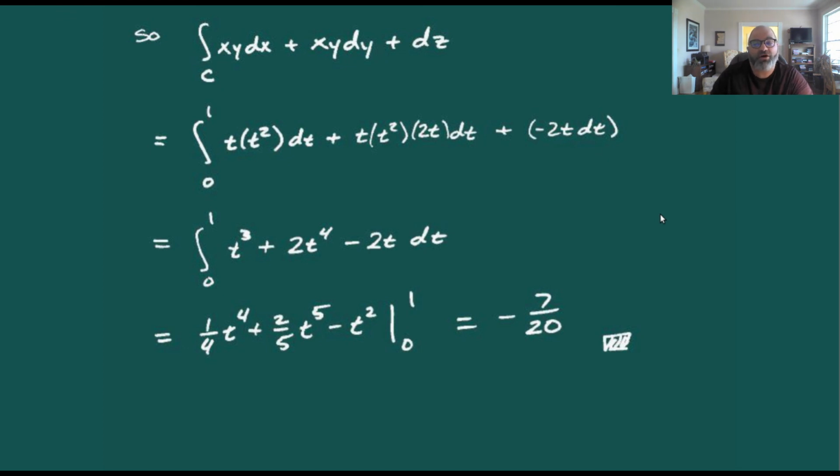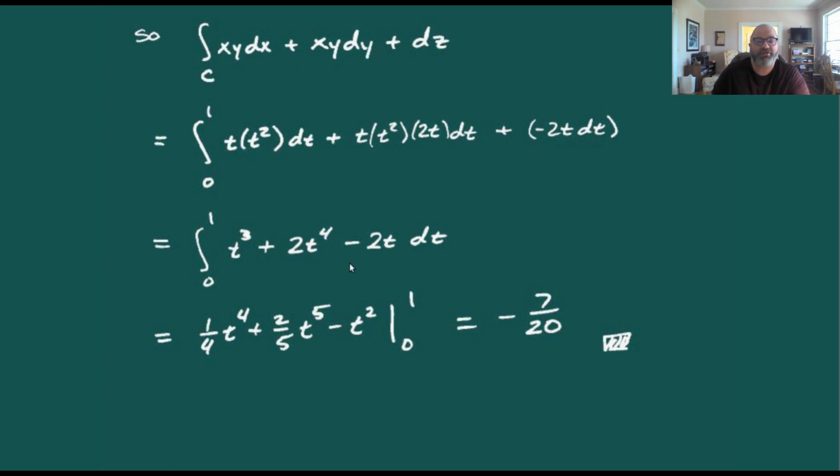Now we take all of those expressions. We know what x, y, and z are from our parameterization, and we just computed what dx, dy, and dz are. We substitute them into this integral, so that we get t times t squared dt, plus t times t squared times 2t dt, and then plus minus 2t dt.